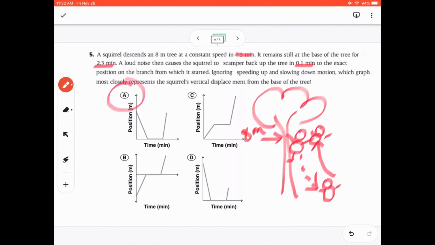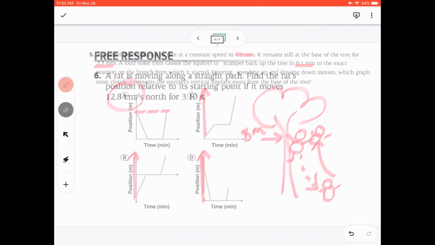Because it went back up to the same position after some time, which is 8 meters. Since the y-axis is position, none of the other choices give us the same level as the squirrel went back up the tree. So the logical answer here will be letter A.